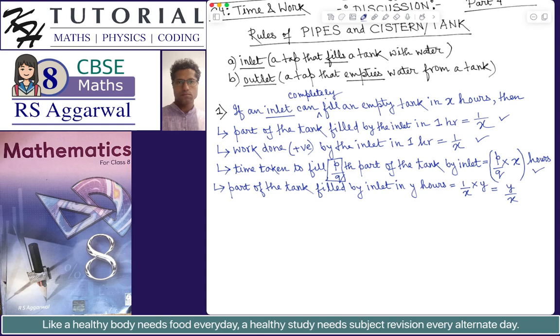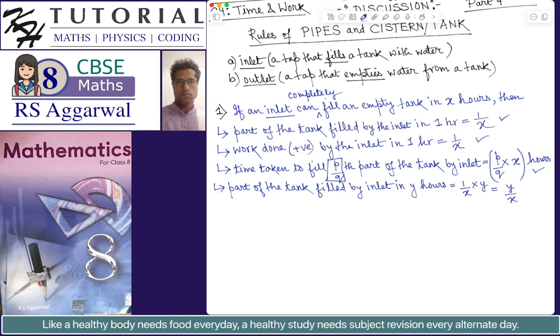The fourth result is what part of the tank will be filled by the inlet in Y hours. So that will be 1 by x multiplied by y. This is also based on the unitary method, because the first result says that in 1 hour 1 by x part of the tank is being filled.